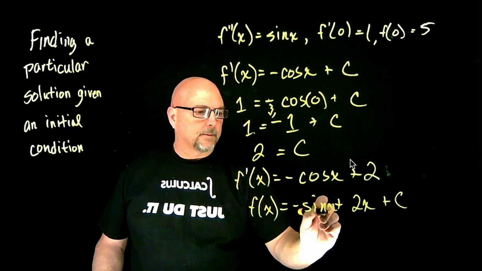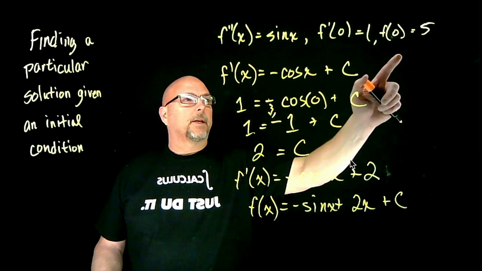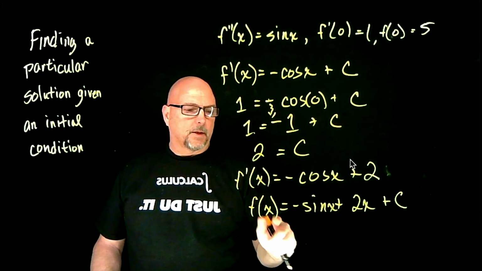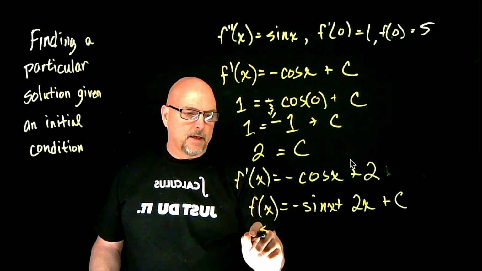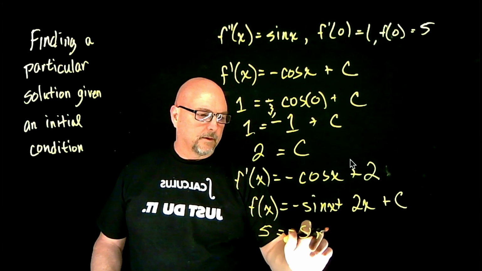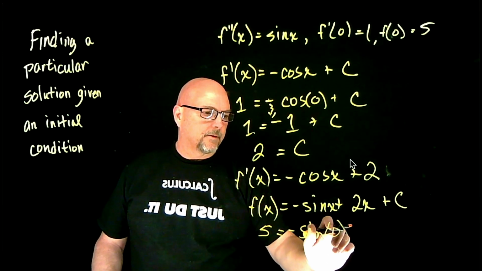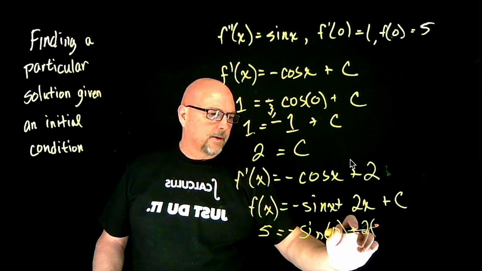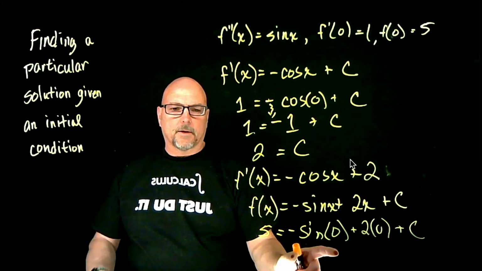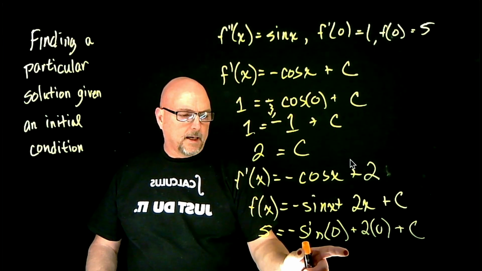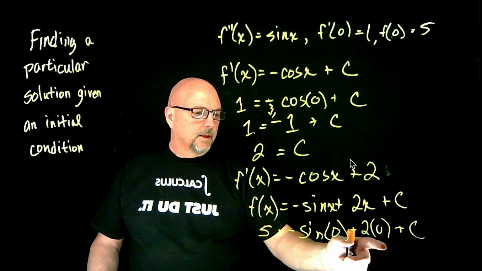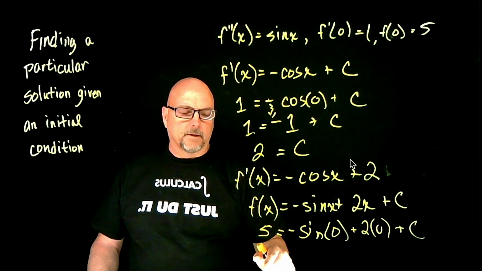Oops, I forgot an x here. So now I'm going to use this. This is my initial condition for the function. So I'm going to go ahead and say that this equals 5 whenever we have a sine of 0 plus 2 times 0 plus c. So the sine of 0 is 0, and the opposite of 0 is 0, and 2 times 0 is 0. So c just equals 5.